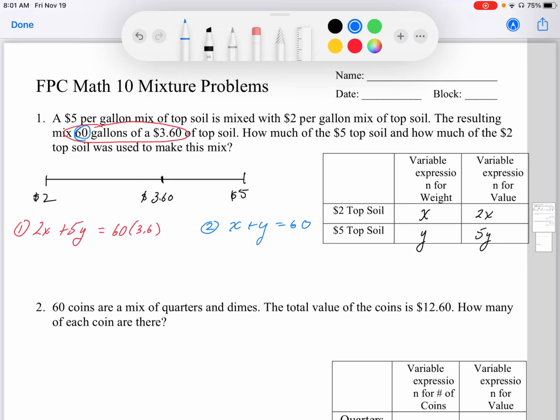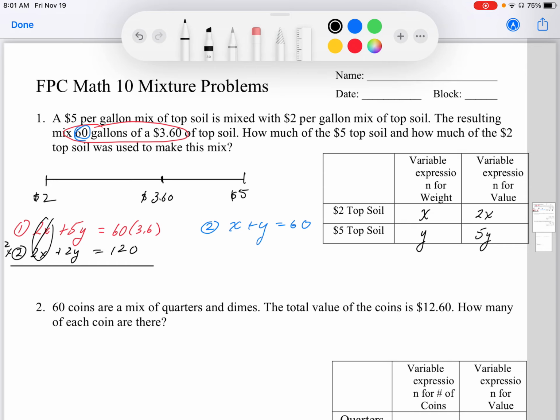So now we have two equations. We can solve this as a system of equations. Taking equation 1, I'm going to multiply equation 2 by 2. That's going to give me 2x plus 2y is equal to 120 gallons. I'm going to subtract those from each other.